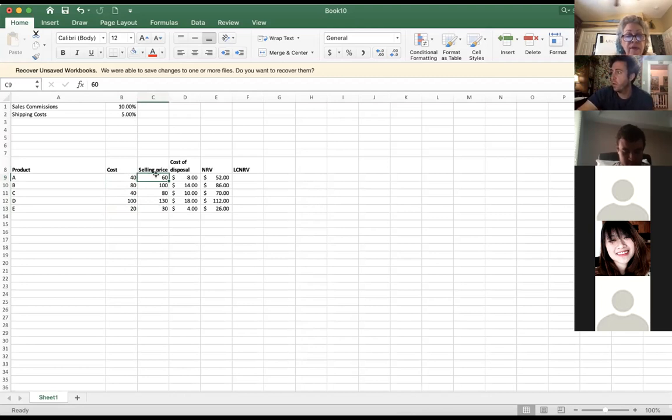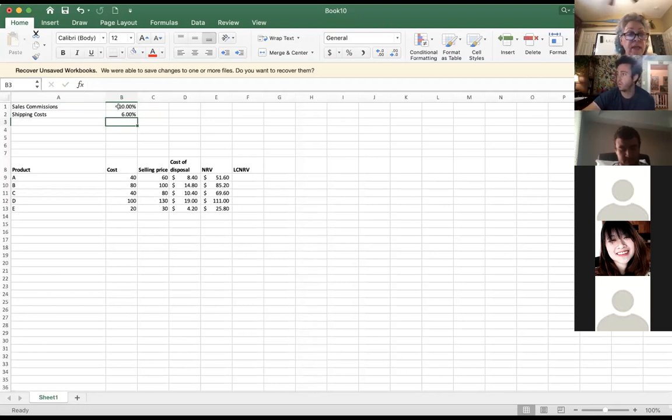They aren't formulas, they're just given numbers. So then I know that selling price minus cost of disposal is my NRV. So look at how I calculated my cost of disposal using cell referencing, so that if my shipping cost were 6%, then everything automatically updates.